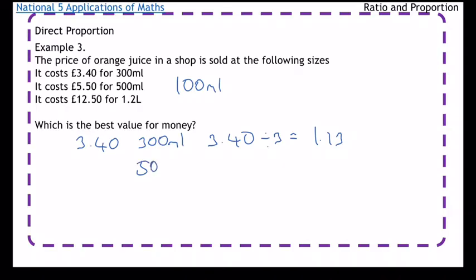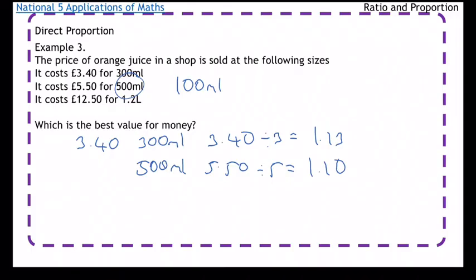So 500 millilitres costs £5.50. I'm going to turn 500 into 100, so I'm going to divide by 5, and that'll give me the price for 100 millilitres. Again, on the calculator, 1.10. So all these prices at the end, the 1.13 and the 1.10, are all for 100 millilitres.